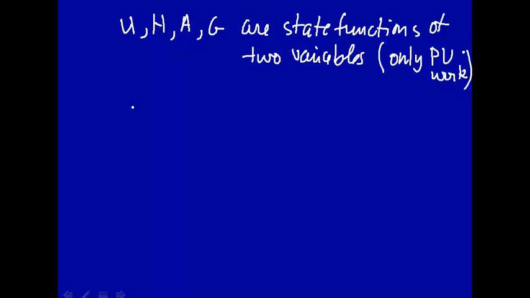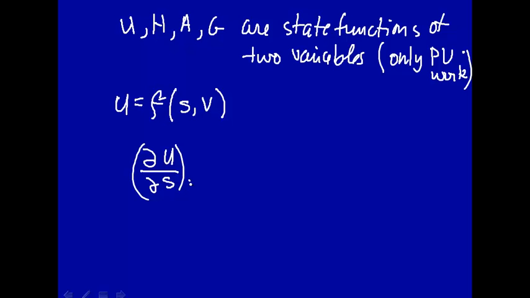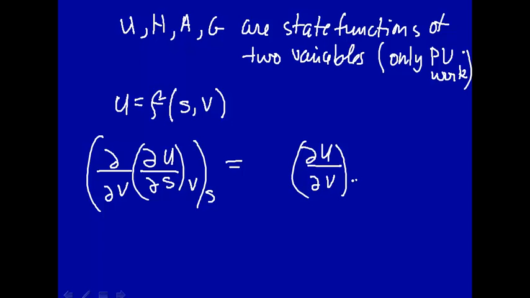Now, what I'd like to convince you of here is that, say we take U, which we said was a function of the natural variables S and V. Suppose we take the derivative of U with respect to that first one, S, at constant volume, and whatever that is, take this with respect to the second variable, V, at constant S. That is equal to how U changes with that second variable, V, at constant S, and then how that quantity changes with S at constant V. That is to say, it doesn't really matter whether you take the derivative of the first and then of the second, or take it of the second first and then the first variable.